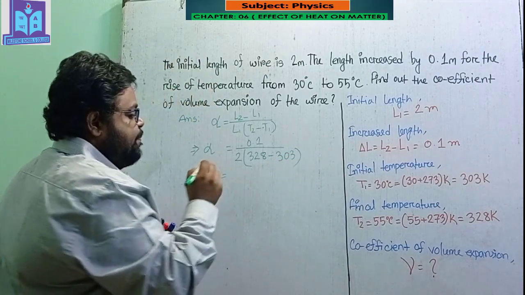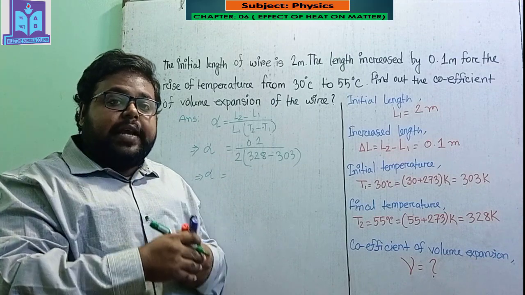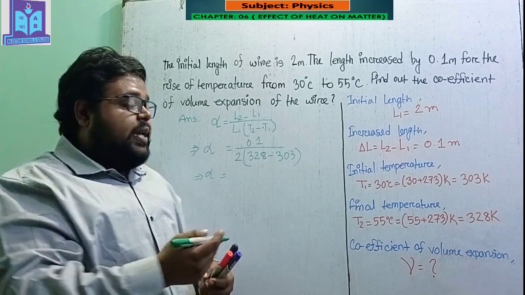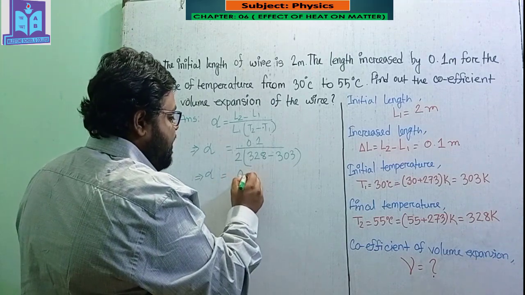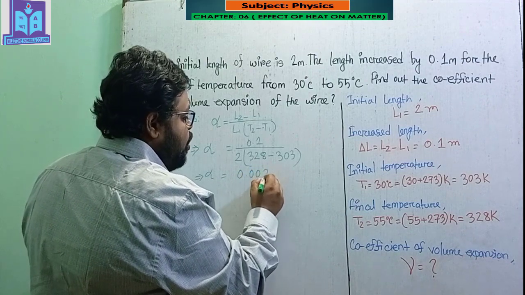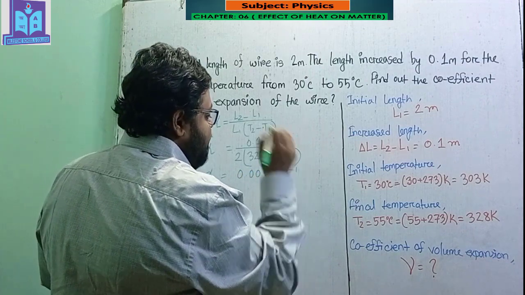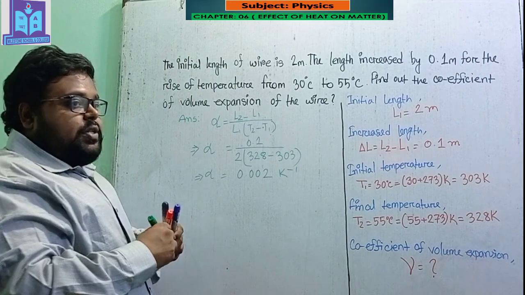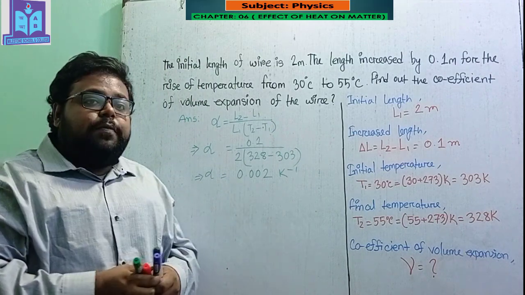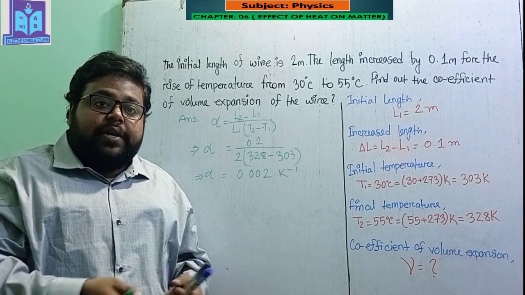If I put all of these values in my calculator, then I will get the value 0.002 per Kelvin. So this is the value of the coefficient of linear expansion.